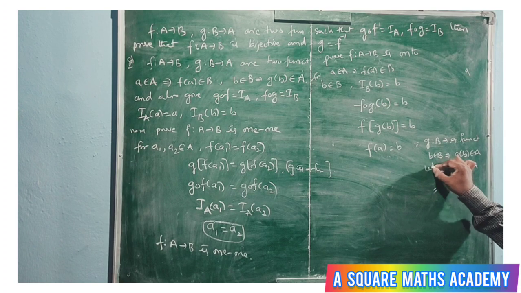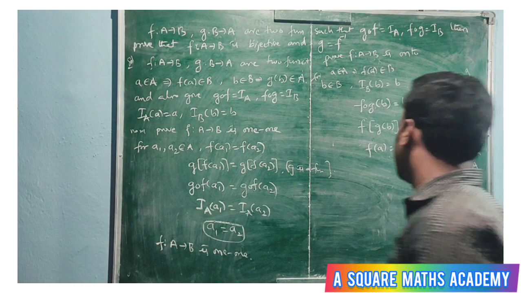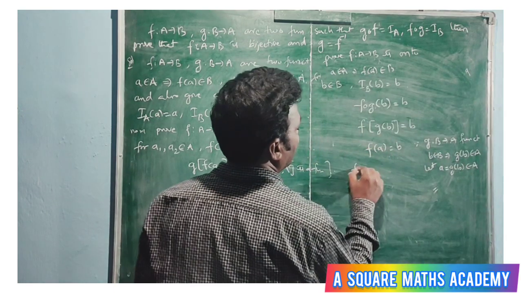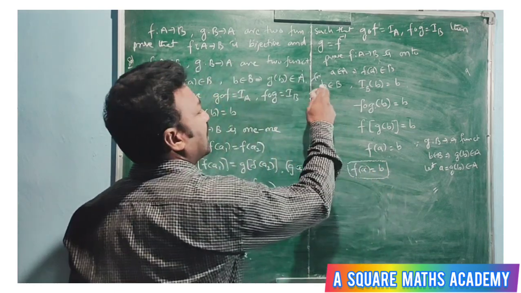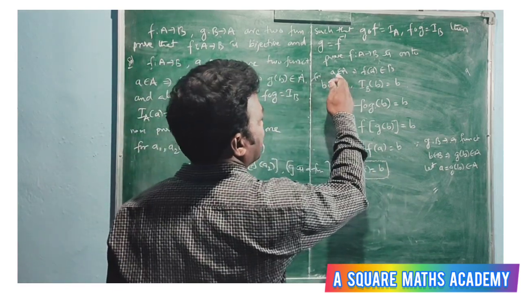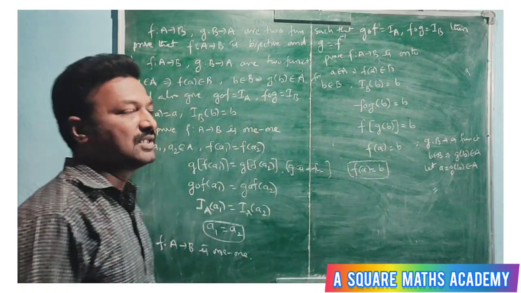Let this be so, okay? And let g of b be equal to a. Then f of a equals b we get here. So f of a equals b, then what we get here: for every b belongs to B, there exists at least one a belongs to A such that f of a equals b.